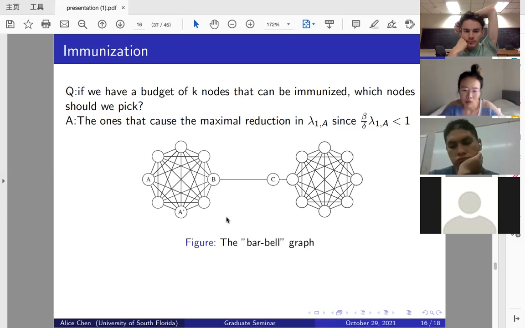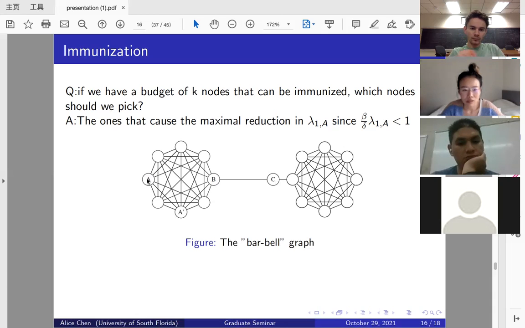So we have this barbell graph, consisting of two equal size cliques connected with a bridge here, C. We're going to assume that K here is 1, so you have a budget to immunize only 1 node. Which one should you pick?